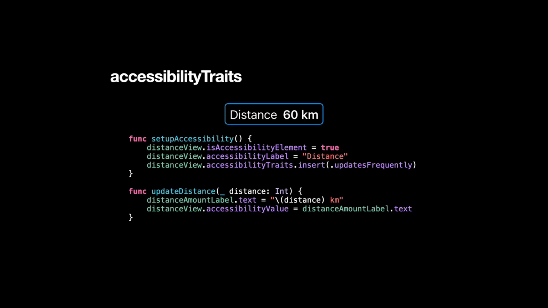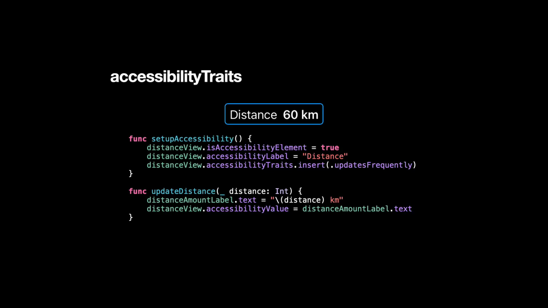I've also added a function to be called by my code that tracks the distance to your destination. In here, I've written distanceAmountLabel.text = distanceKm, and then distanceView.accessibilityValue = distanceAmountLabel.text. So it'll be the same as the value shown on screen.